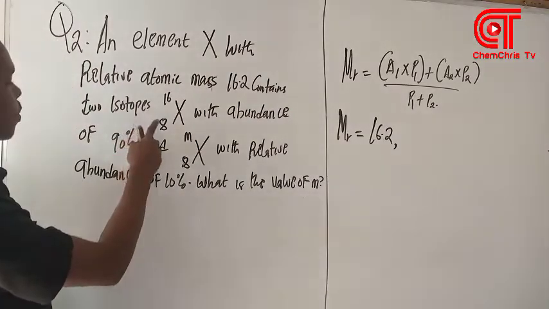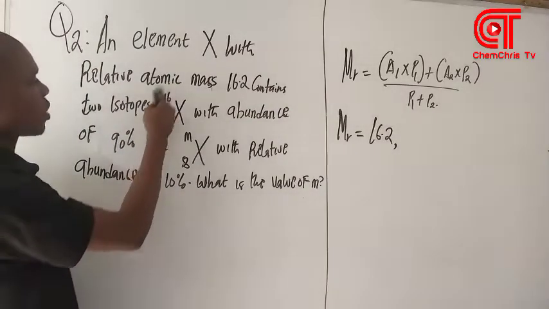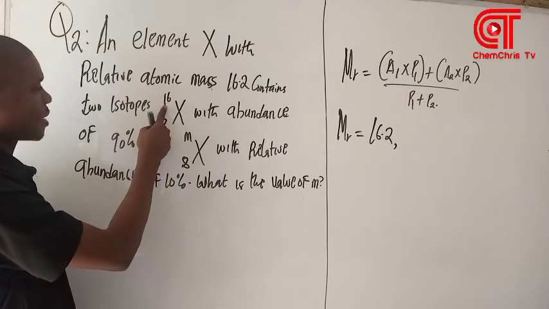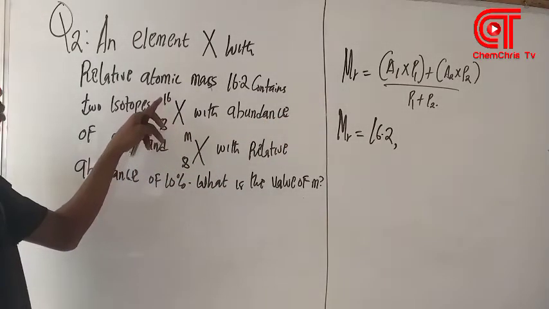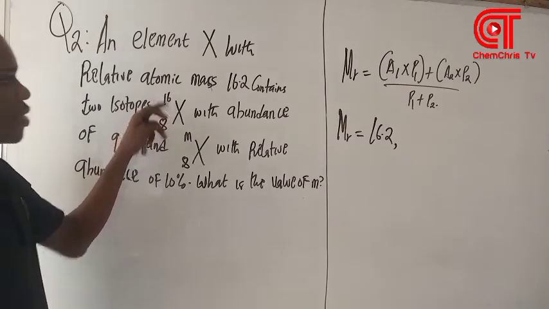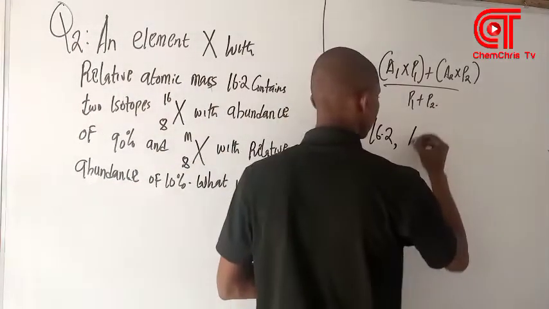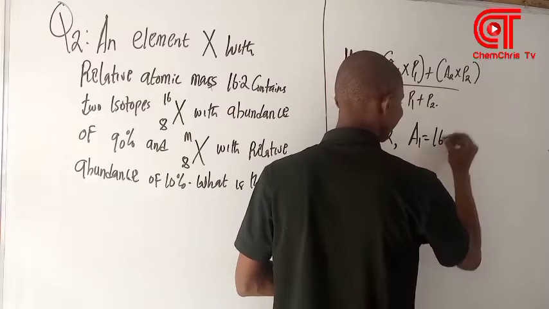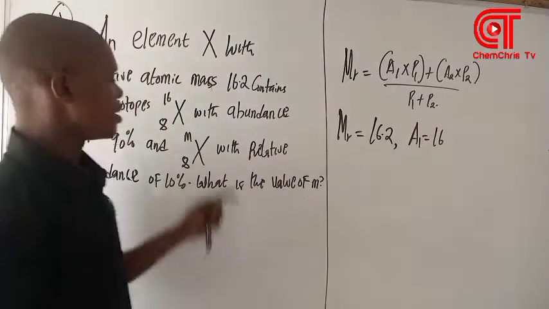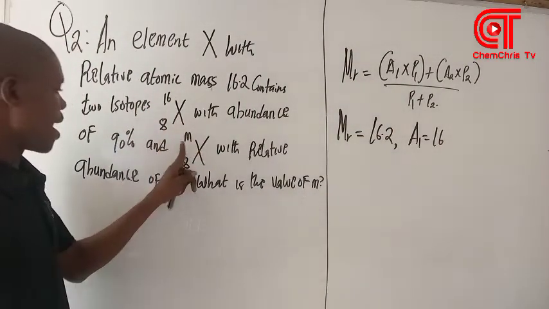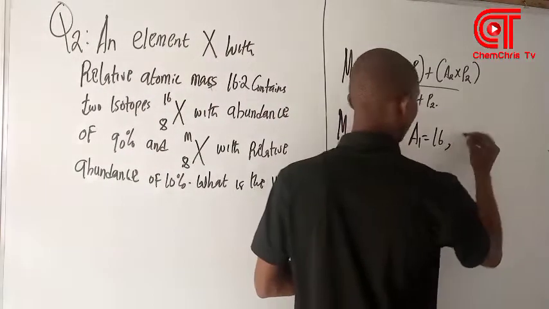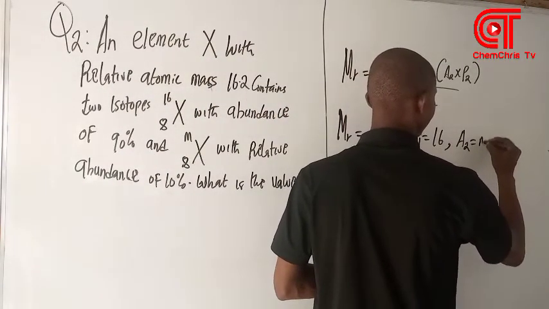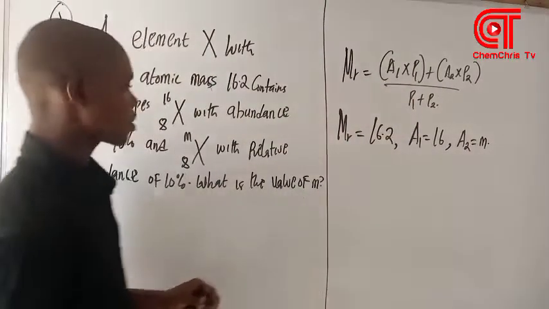The first isotope, remember, is 16. So the atomic mass of my first isotope is 16, so my A1 goes to 16. Then my A2 is going to be M, which we are going to calculate.